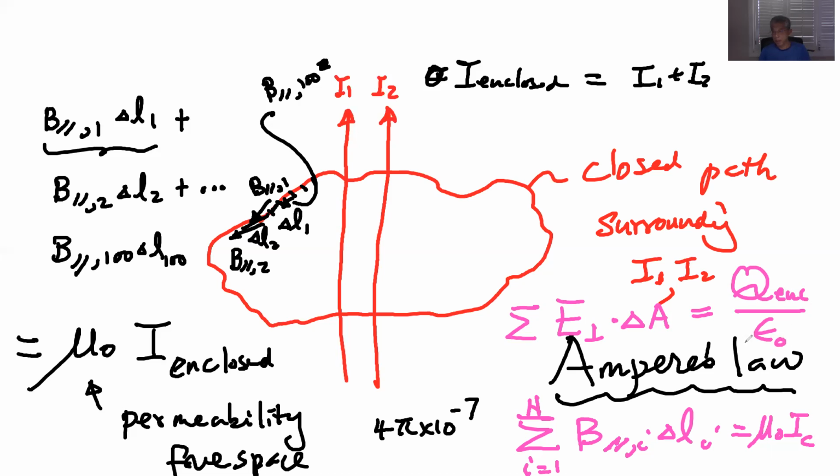So one is divided by and one is multiplied, one is the charge and one is the current, one is the area and one is the length, and one is electric field and one is magnetic field, and they both need the summation operation. All right, so that's all we have. Hopefully you will get to understand the similarity between Ampere's law and Gauss's law.